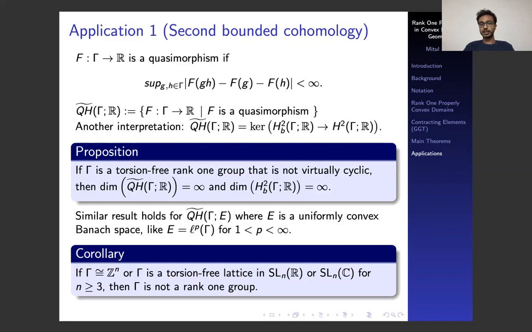The reason is that when gamma is free abelian or a lattice, the dimensions of their bounded cohomology groups have been computed, and we know that those dimensions are 0. So the proposition here shows that such gamma cannot be a rank 1 group.